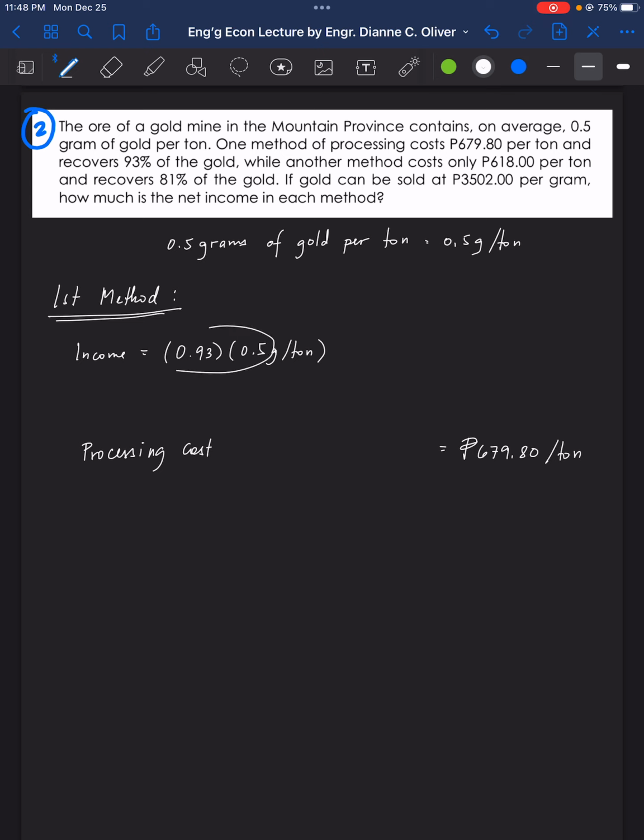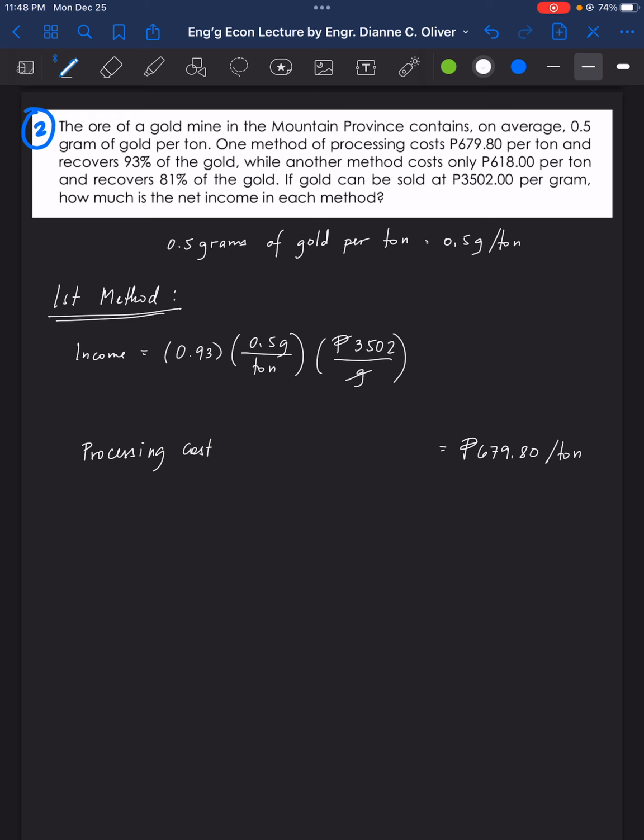And with these grams of gold per ton, they can sell it per gram. So let's put it here. So 0.5 grams per ton, then they can sell for 3,502 per gram.